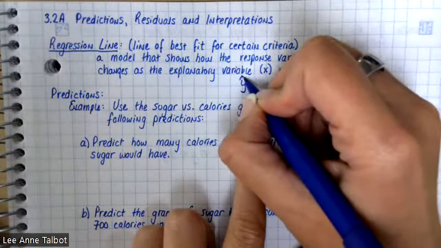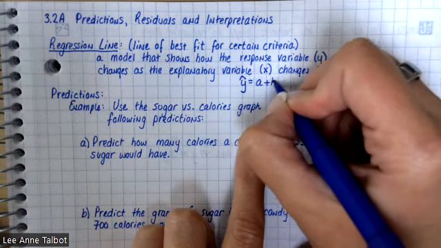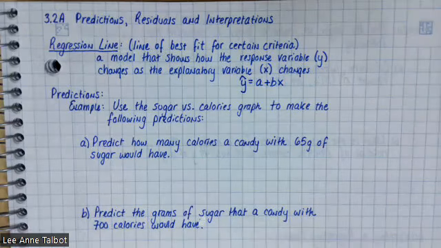So, the actual regression line equation. You guys are used to y equals mx plus b. In stats, we do it a little bit different. Lines are usually y equals mx plus b, right? In stats, this is called y hat. It's literally called y hat.